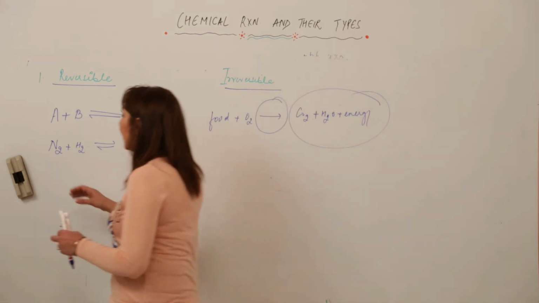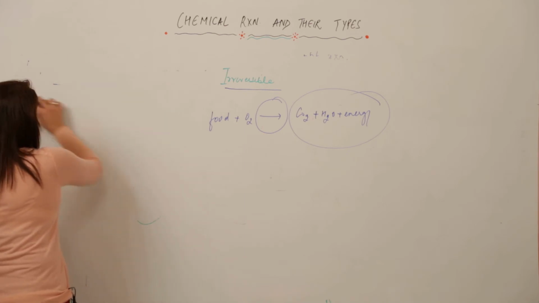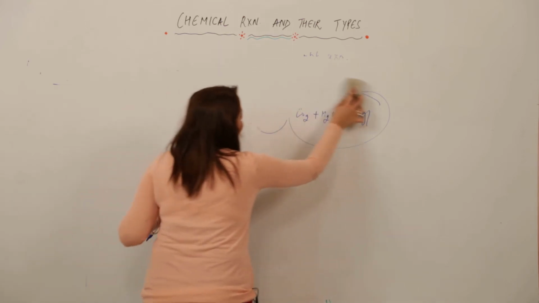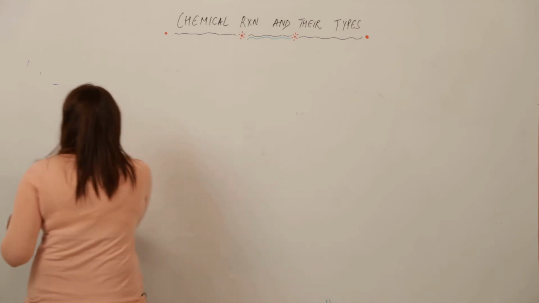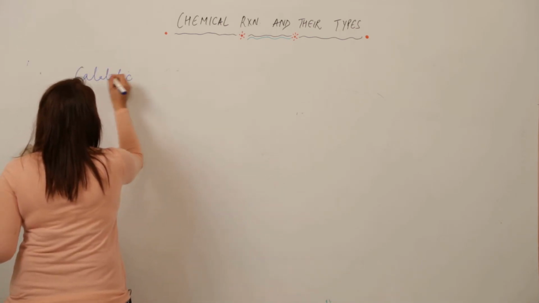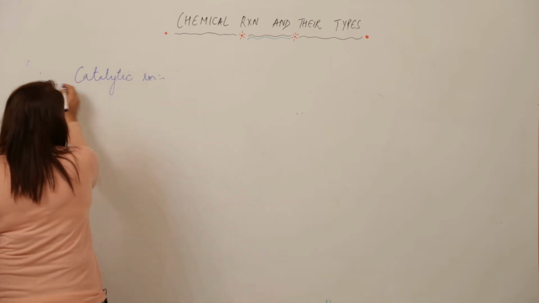Now coming back to more types of reactions. So we have the catalytic reaction, and I think you are familiar with the term catalyst, as we did in previous units as well. First of all, I'll write the type: catalytic reaction. So what do you mean by catalyst?